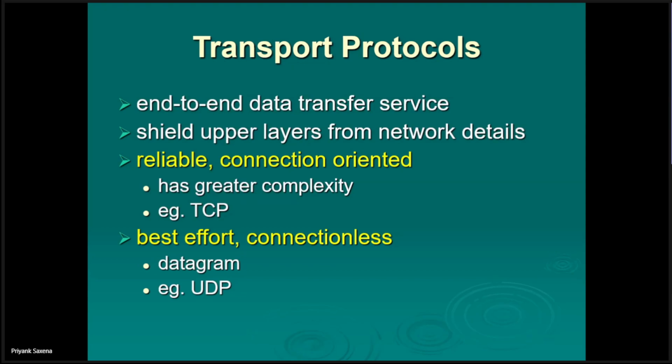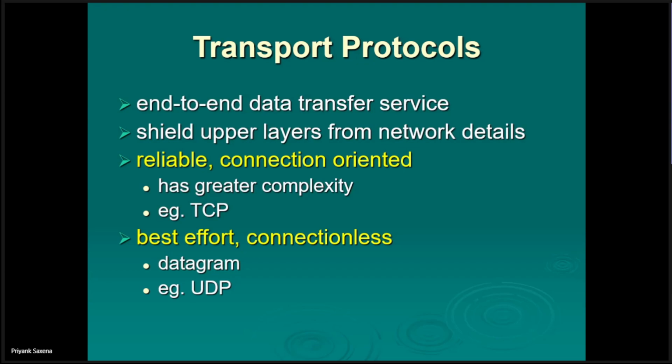The example of such a protocol is TCP, transmission control protocol. So it's a connection oriented protocol. There is another protocol at the transport layer which is connectionless. Okay, that is basically UDP, user datagram protocol. This is used in situations where we can compromise to some extent with the data, right?